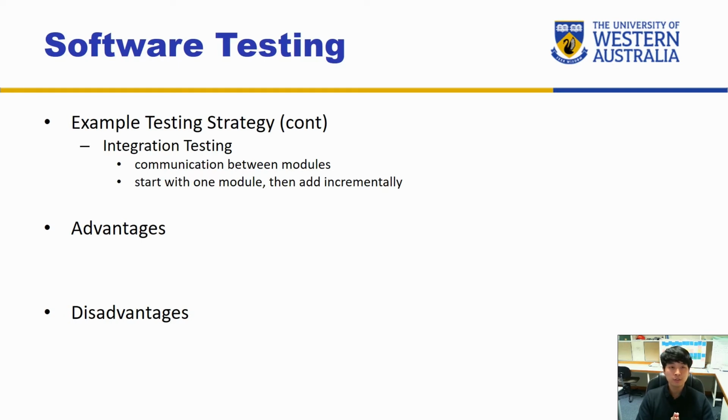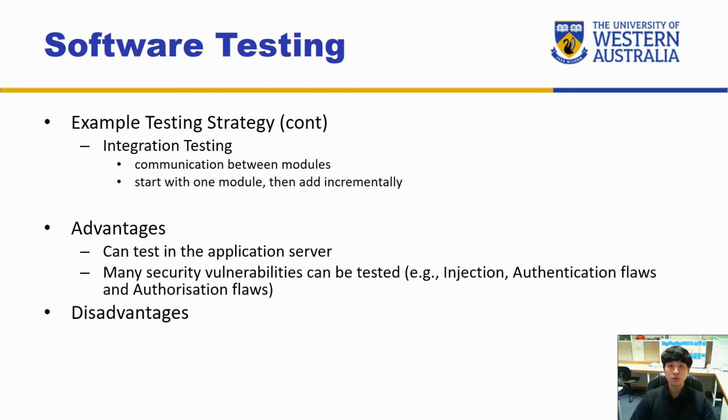The advantages include that we can now test in the application layer, which means you can actually deploy certain functionalities at application and server, and then examine whether those functionalities are correctly delivered while in alpha testing mode. From this point onwards, we can test many vulnerabilities like injections, authentication flaws, and authorization flaws.